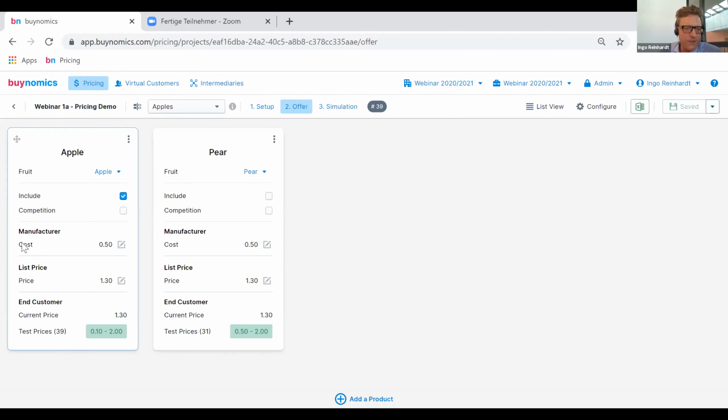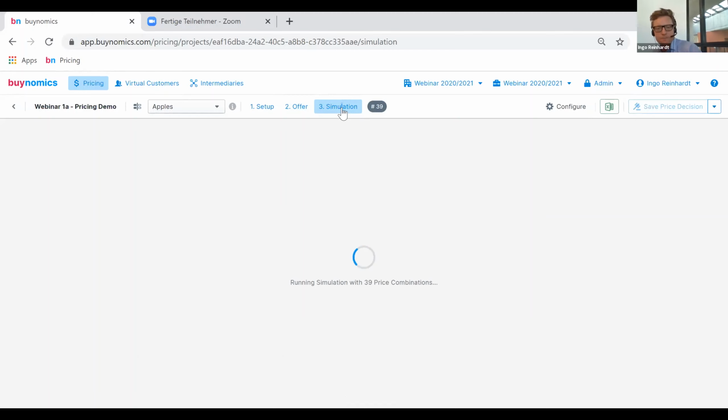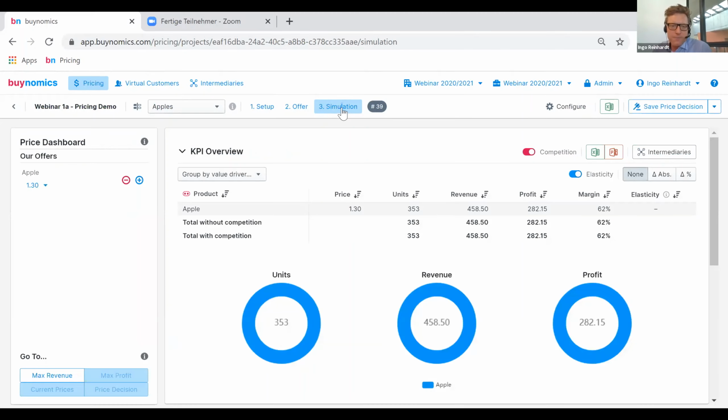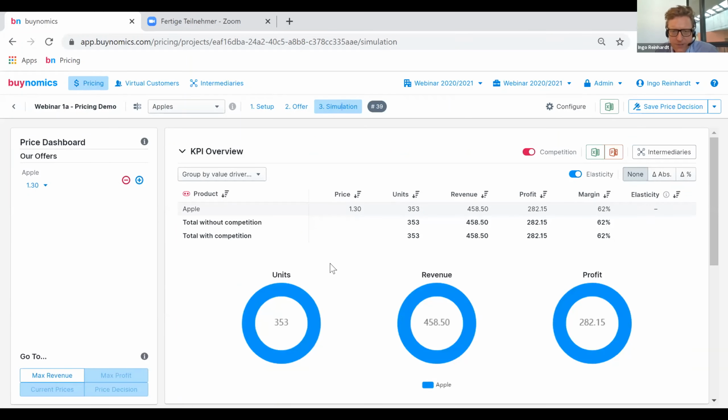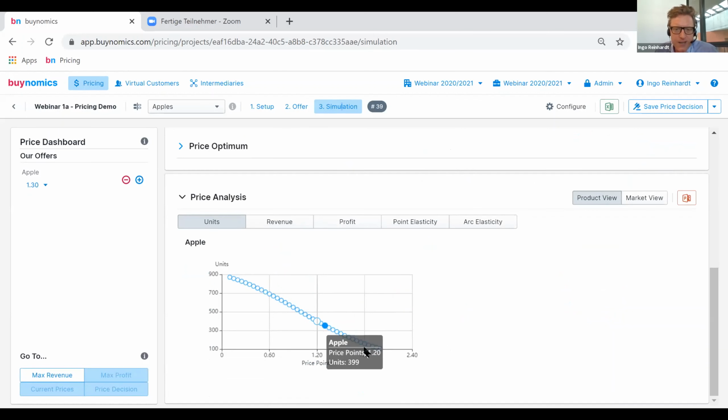And the idea is we have costs of 50 cents for our apple, and we have a current list price of 130. And when we simulate essentially this apple market here in the background, what we see is that we are simulating virtual customers, and we have, I think, 1,000 of these in the machine, and each one of them makes an individual purchasing decision.